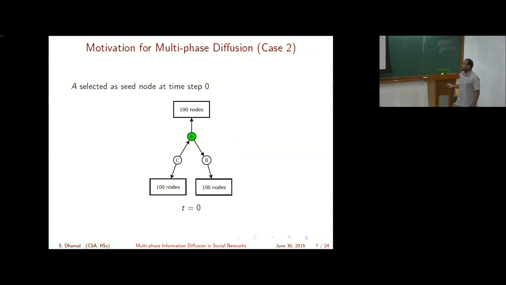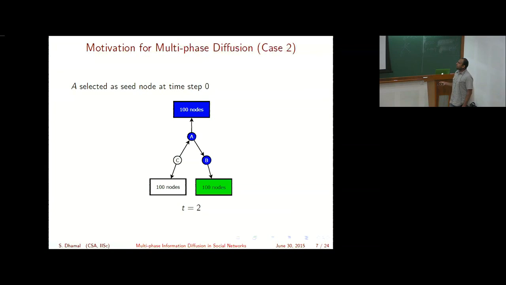So can we do better? Here comes the multiphase diffusion. Suppose in the first phase only node A is activated. Node A is given a free product instead of both nodes A and B. So we observe the diffusion, how it is happening. It influences node B and this set of 100 nodes, and then B eventually influences this set of 100 nodes, and then the diffusion stops because these are the recently activated nodes, but there is no outgoing edge from them.